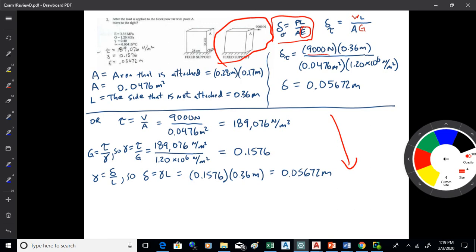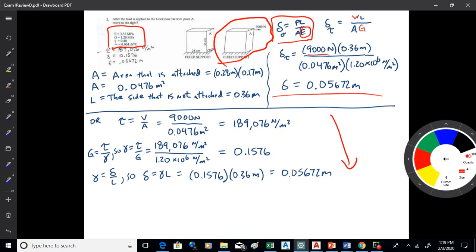So I can go VL over AG. L is 0.36. A is 0.0476. And then I use G, not E, but G. Typically on these problems, I'll give you just all the material properties, e.g., E, G, Poisson's ratio, and alpha. So you can just plug those values in and come up with delta, 0.05672 meters.